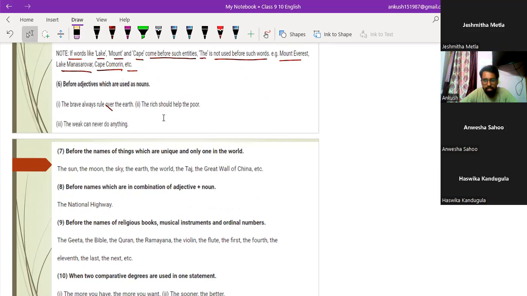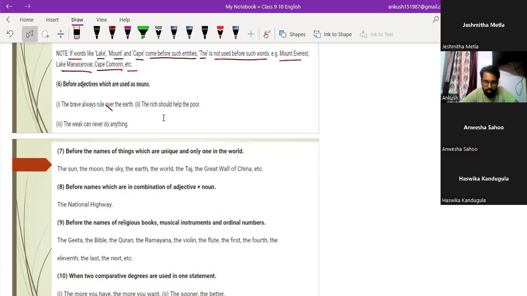Actually, sir, Everest is a surname. Do you know that? Why has this mount been given the name Mount Everest? No, sir. The person who climbed it for the first time, his surname was Everest. I'm not getting his name.